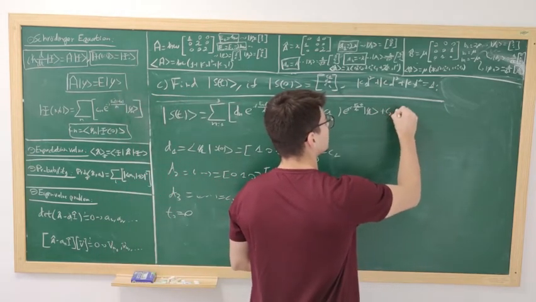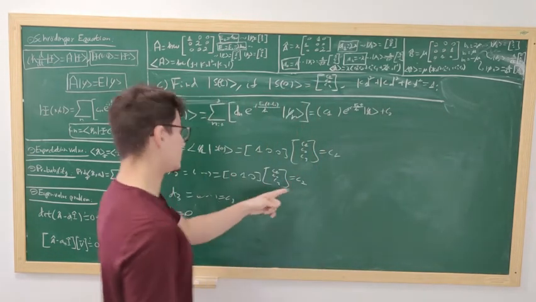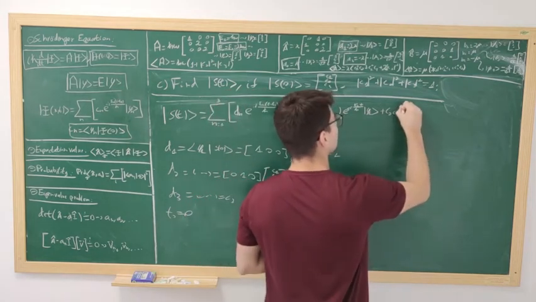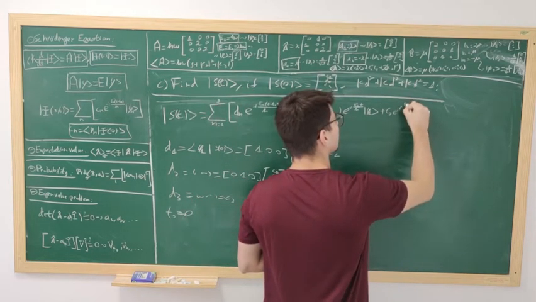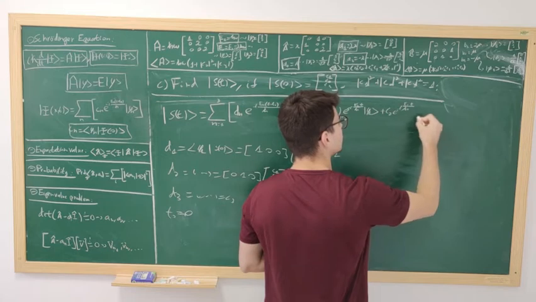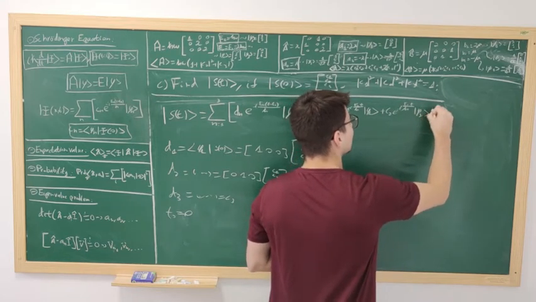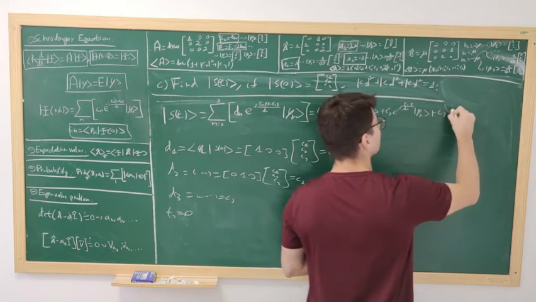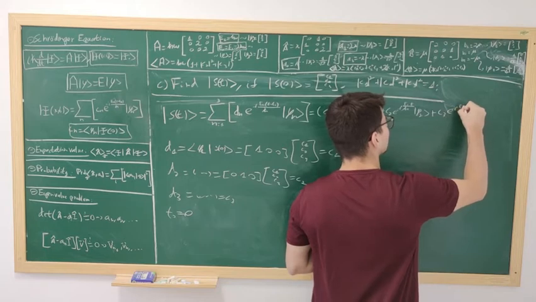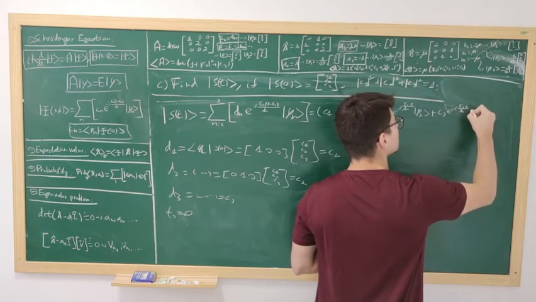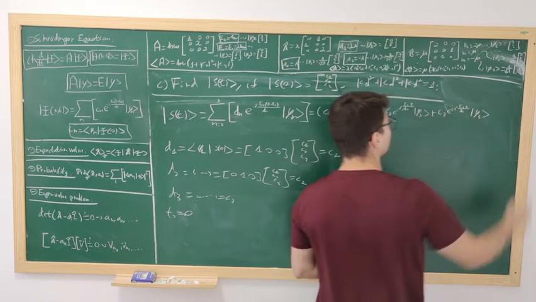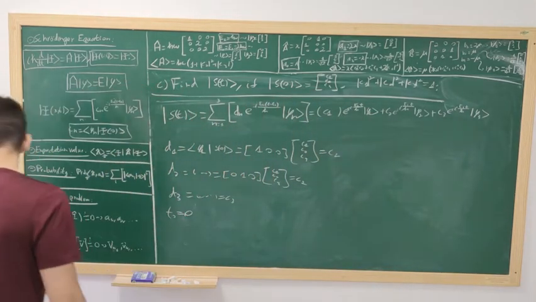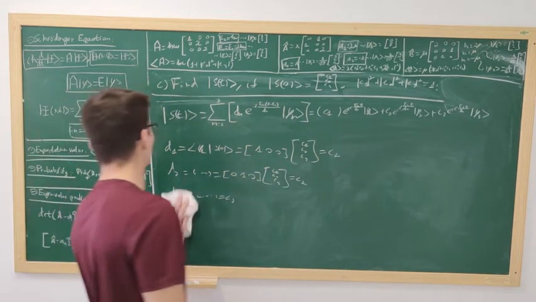Plus C2, right? Because D2 is C2, times e to the minus i E2 t over h bar phi 2, and lastly C3 e to the minus i E3 t over h bar phi 3. This will be the time evolution of our system.